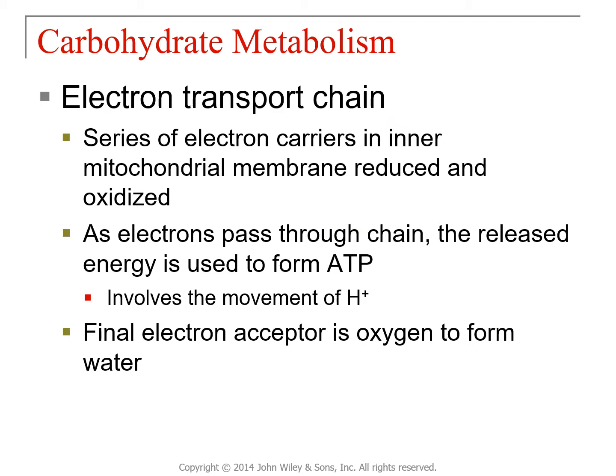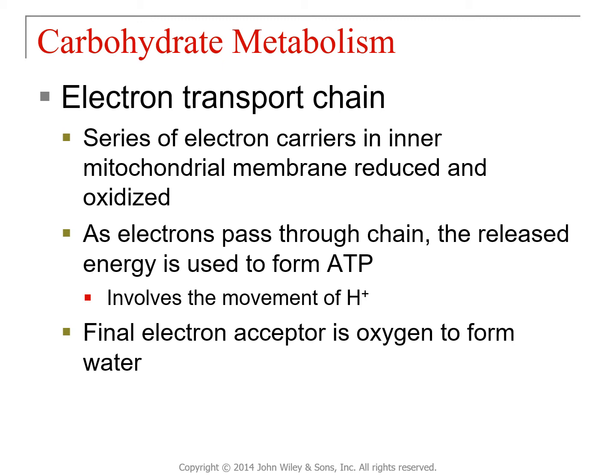The electron transport chain occurs in the membrane of the mitochondria. This is where oxygen acts as the final electron acceptor, producing water as a byproduct, and the major outcome is the production of several molecules of ATP. These reactions involve the movement of hydrogen from molecule to molecule.